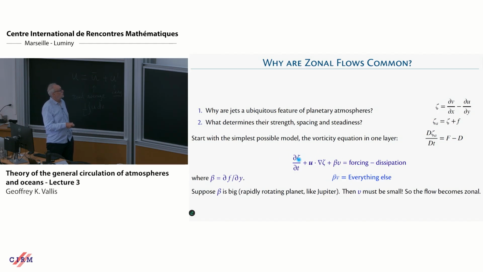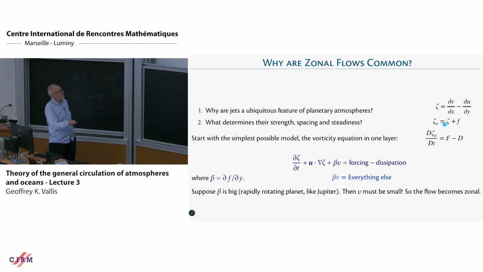Here it is in 2 dimensions. Zeta is vorticity, u is the vector velocity. And how do we get this equation? Because in 2 dimensions, absolute vorticity is a Lagrangian conserved quantity. It has this d zeta a by dt is F, forcing, minus dissipation, whatever they may be.